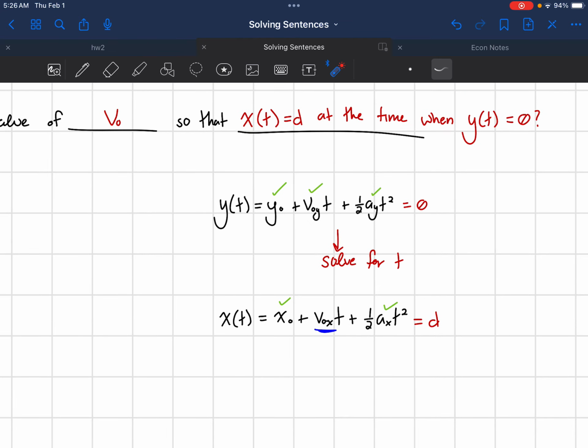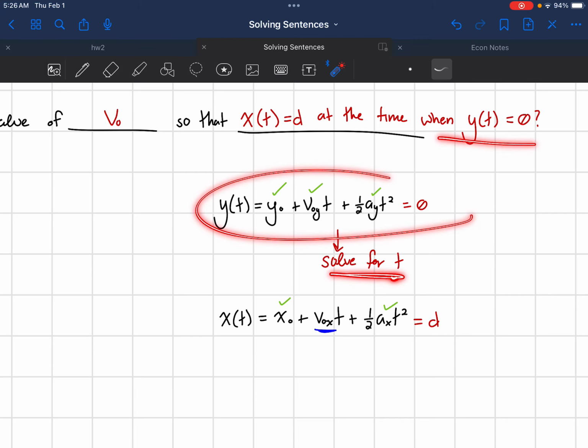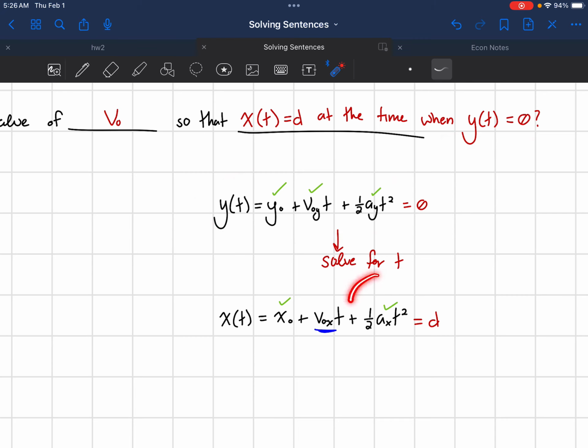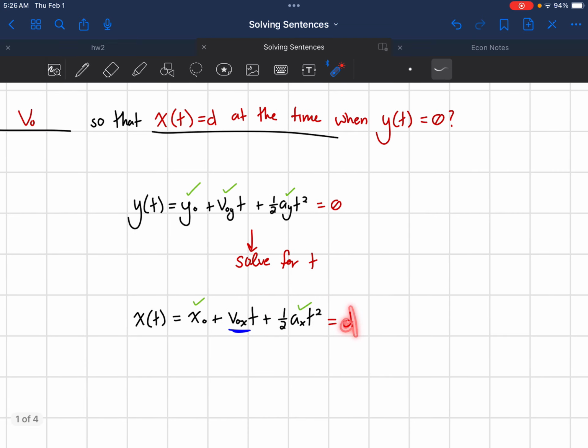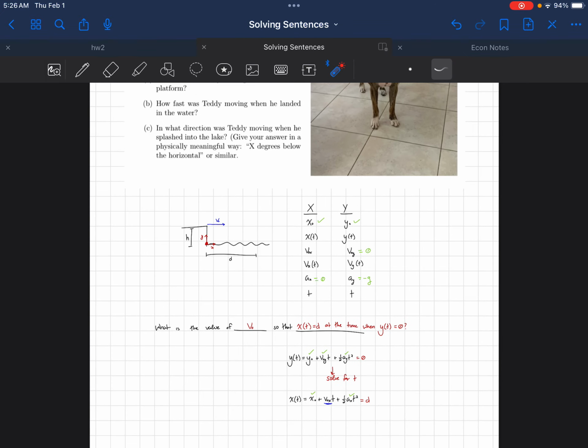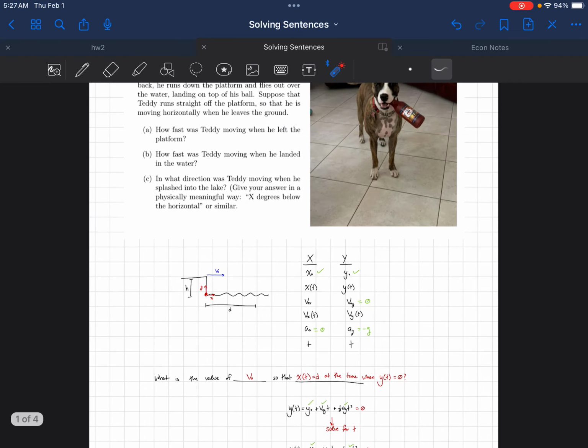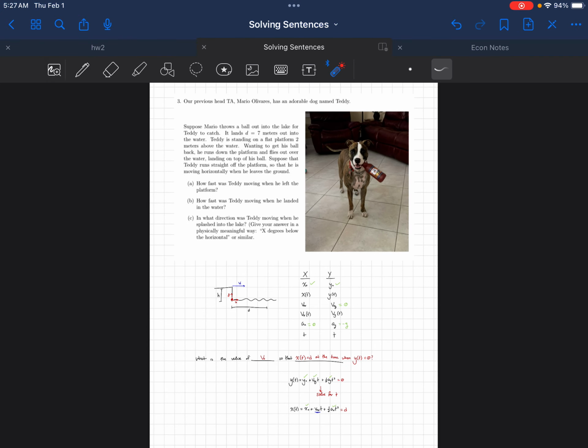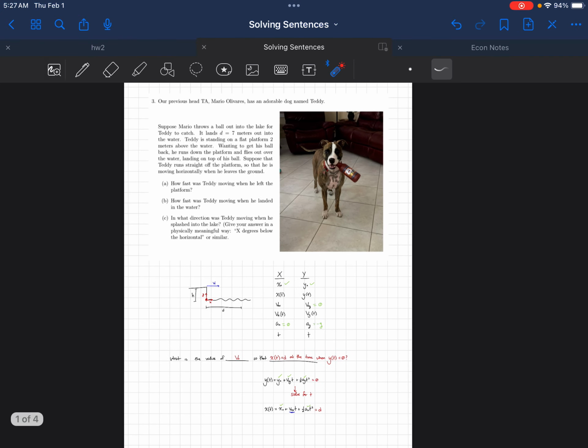So I solve for the time when y of t is 0, and I plug that into my x of t equation and set my x of t equal to d. Right, so this sentence structure kind of instructs us on how to proceed with solving the problem. And that's something that we will see as we keep going.